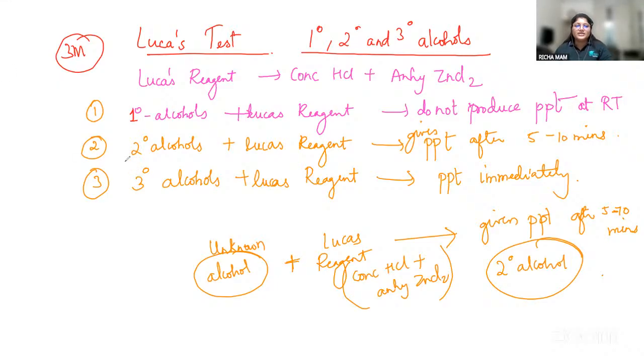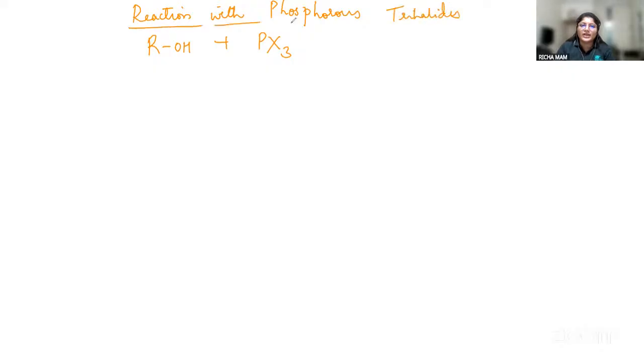Next reaction is the reaction with phosphorus trihalides. When alcohols react with phosphorus trihalides, see how the reaction takes place.